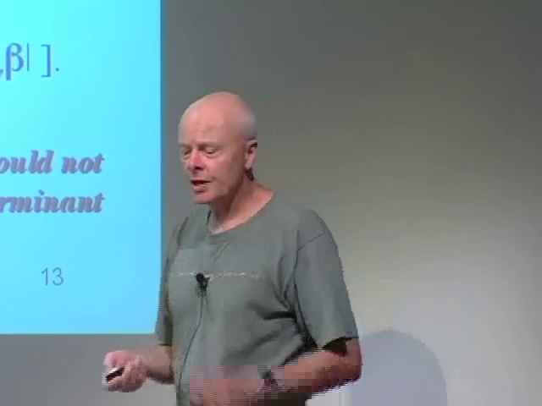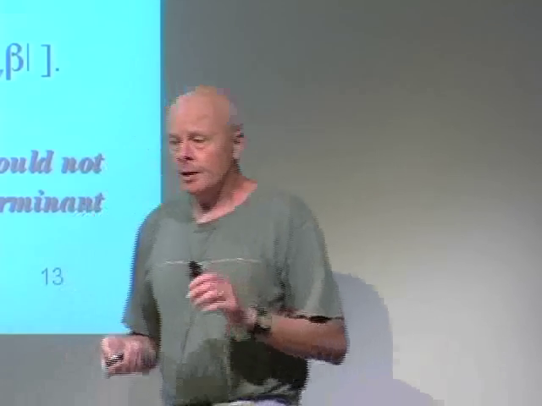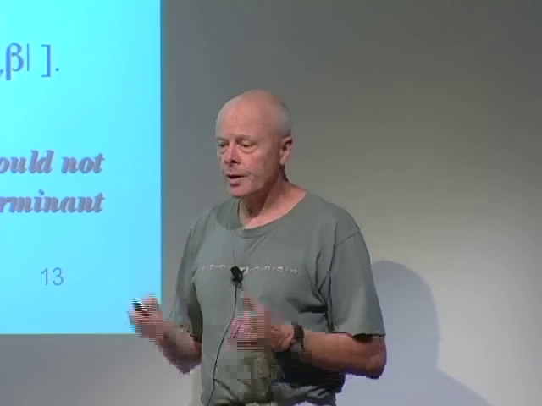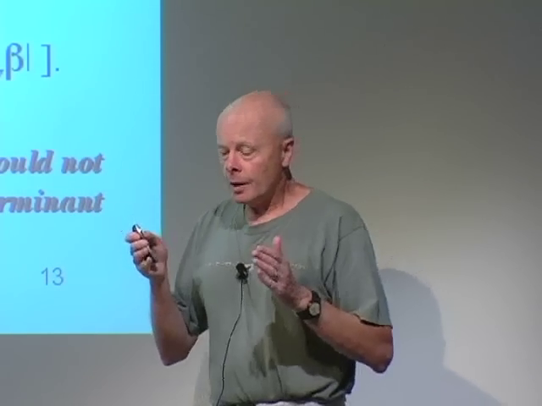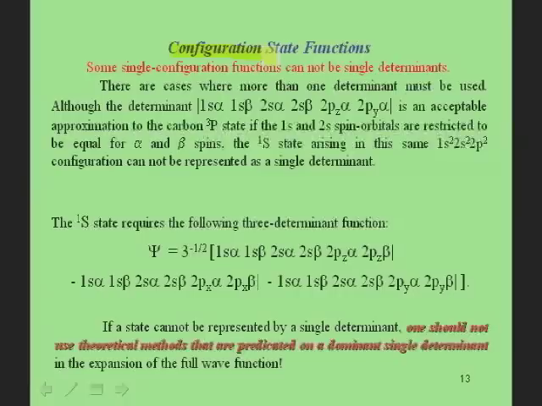But configuration state functions, what they are is, once I tell you a configuration, what is the minimum set of determinants that I must write down to be consistent with that particular configuration? So for example, in the case of the carbon atom, if I were to say to you 1s squared, 2s squared, 2p squared, and I want you to write down triplet p carbon, because that configuration has triplet p, singlet d, and singlet s.